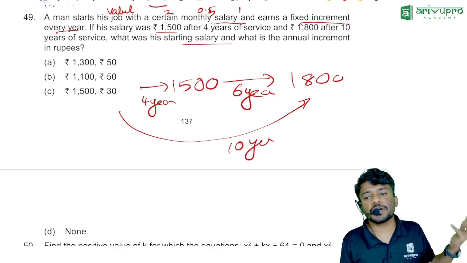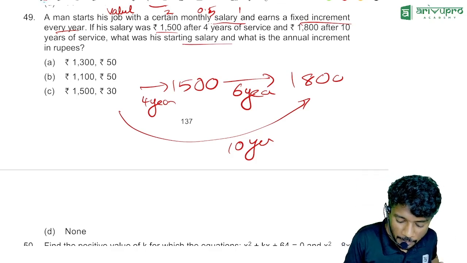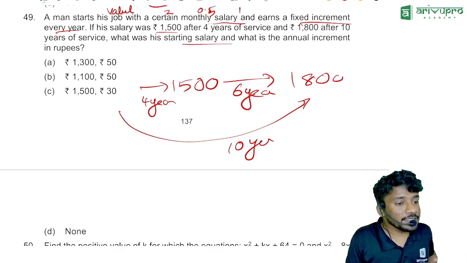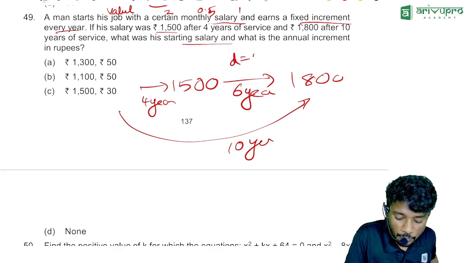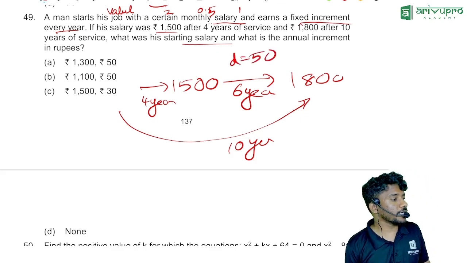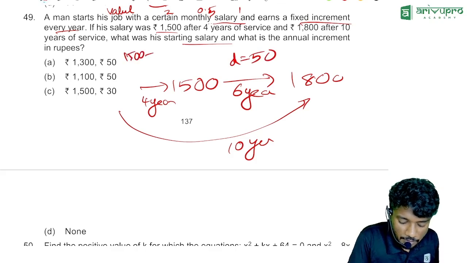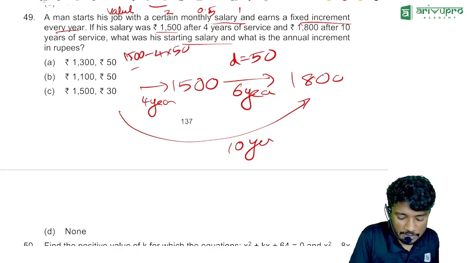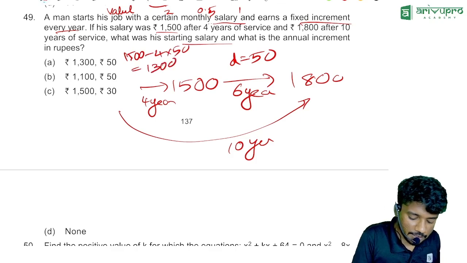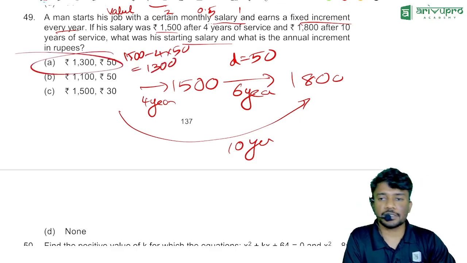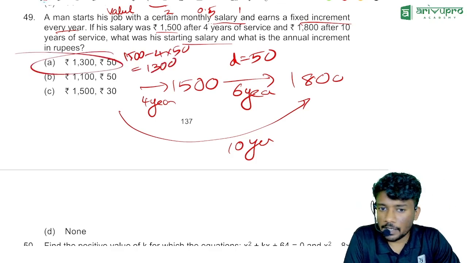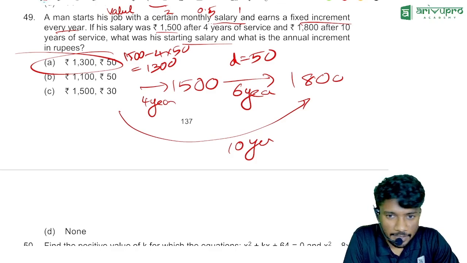It is a question based on AP. 300 divided by 6 is how much? d is equal to 50. So starting salary will be 1,500 minus 4 into 50. Answer is 1,300. Option E is the answer. Got it? Have you all understood? Can we go for the next one?